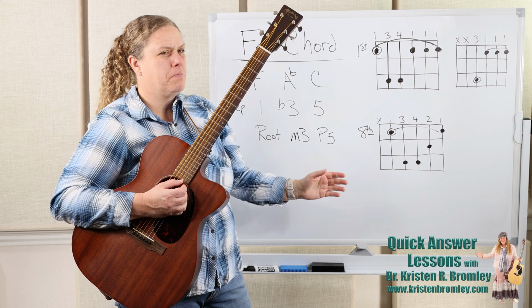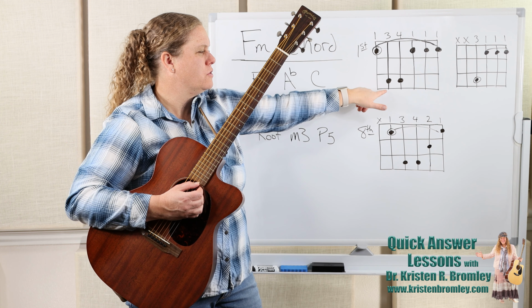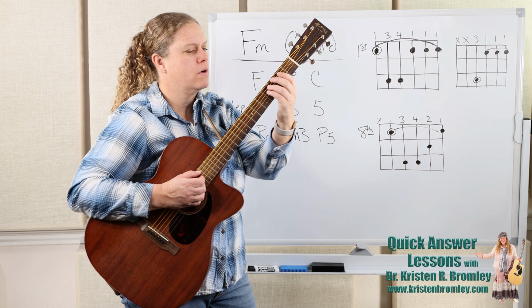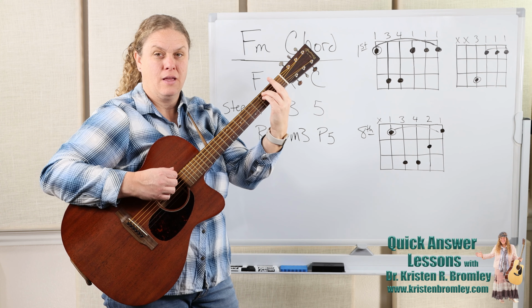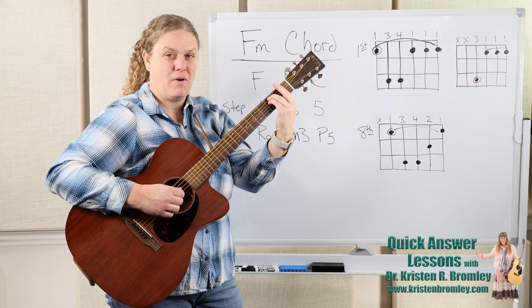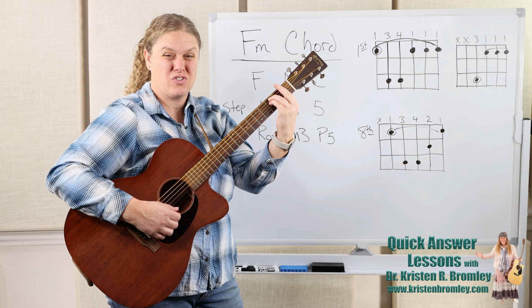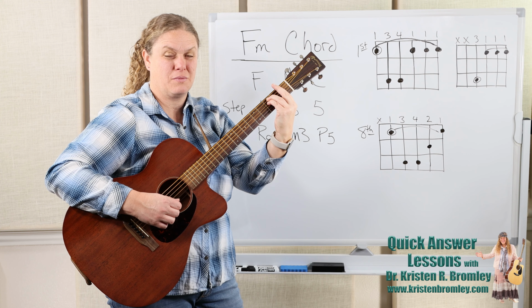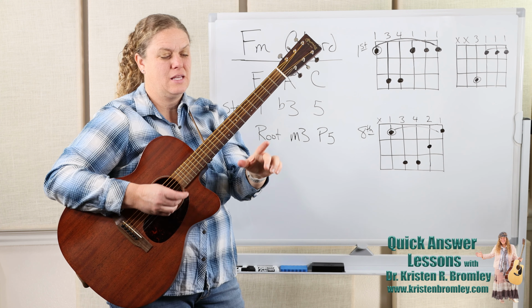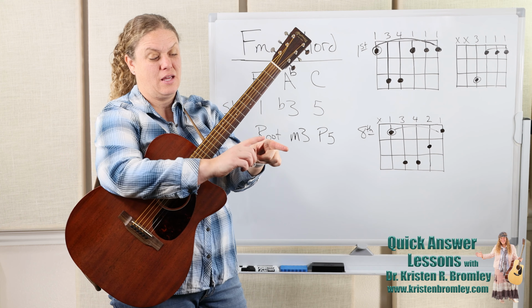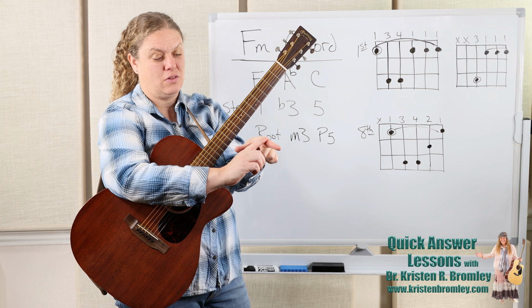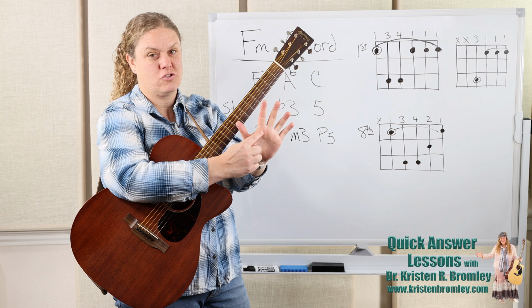Then our ring finger and pinky are 2 frets higher on strings 5 and 4, so at the third fret, and we get F minor. It takes a little bit of strength to push that one down. Just as a hint, I turn my index finger to the side, pressing down with it turned a little rather than straight on.